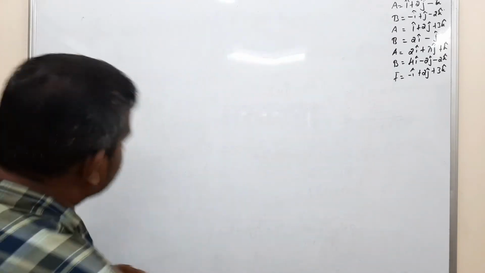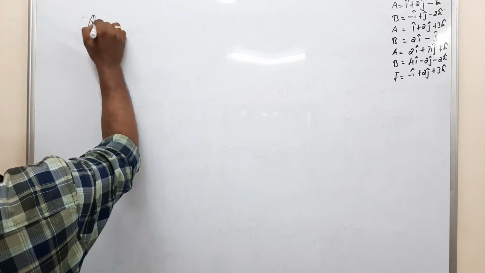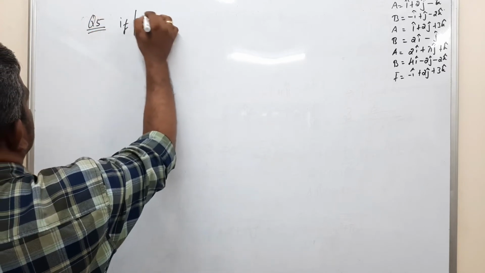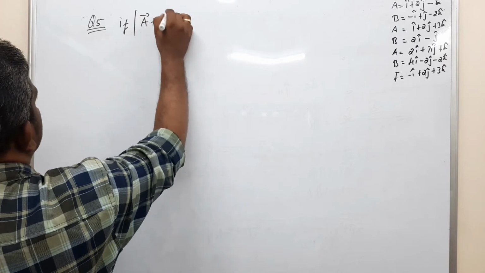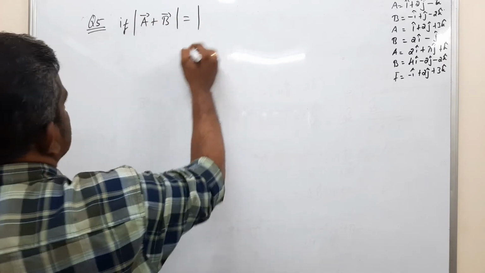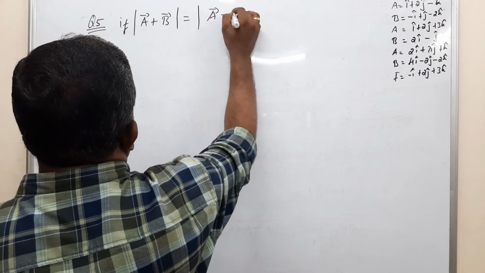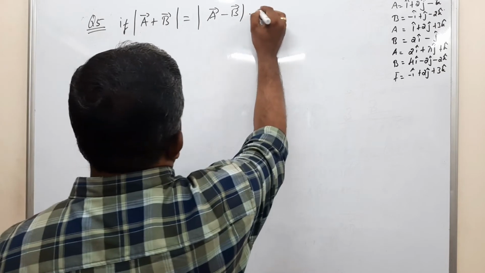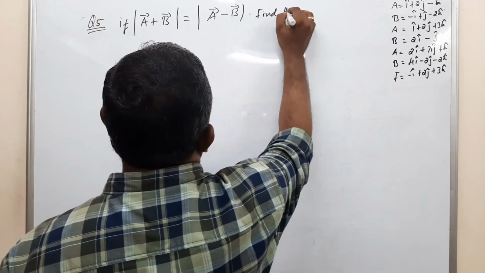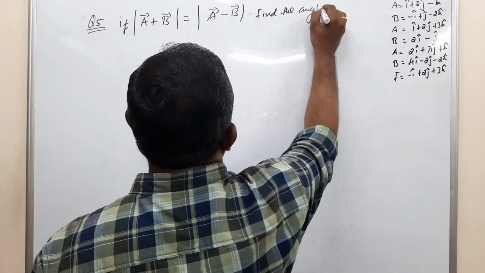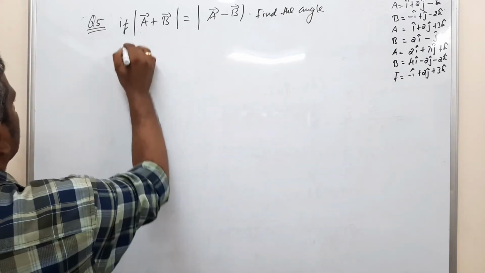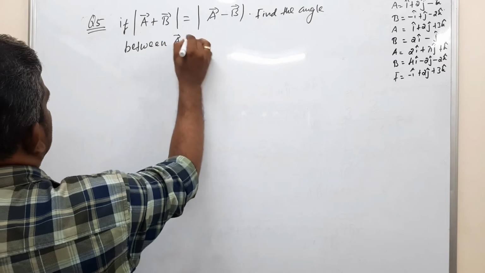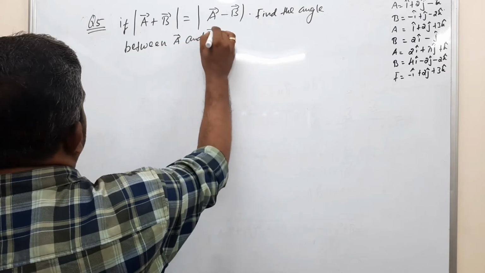Fifth question. If modulus of A vector plus B vector is equal to modulus of A vector minus B vector, find the angle between A vector and B vector.